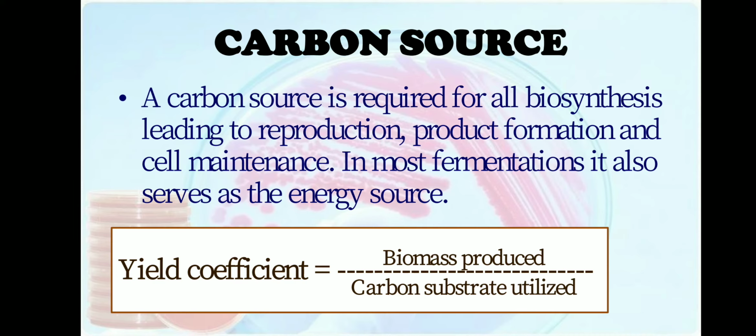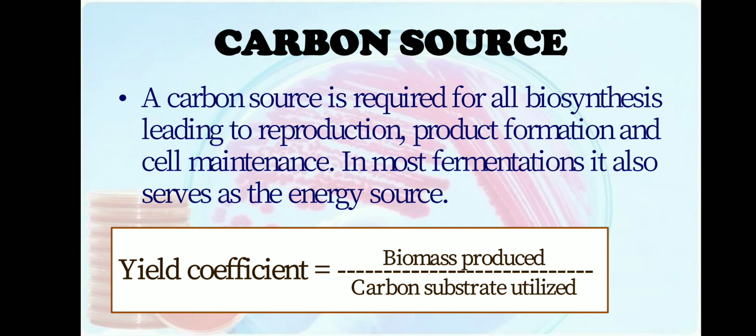Now, there is something called the yield coefficient. Yield coefficient means the percentage of yield that is being produced. Yield coefficient is the ratio of the biomass produced to the carbon substrate that is being utilized. For example, if 1 gram of substrate is being utilized to produce 1 gram of biomass or 1 gram of product, then the yield coefficient is said to be 100%.